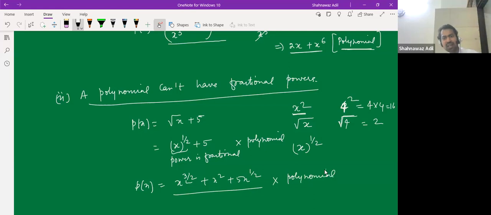So these are the two conditions of a polynomial. Whenever you see that the terms contain negative powers or fractional powers, then you can confidently say that these are not polynomials. Understood? Okay.